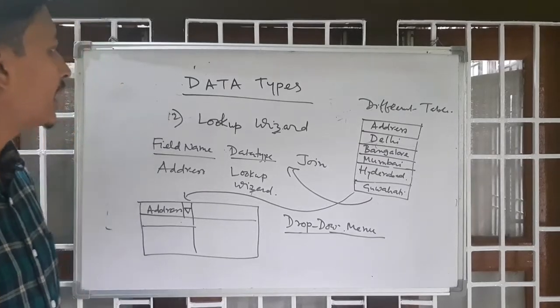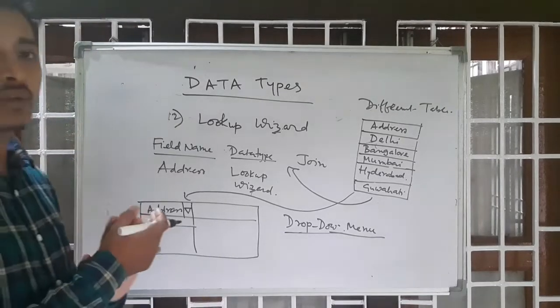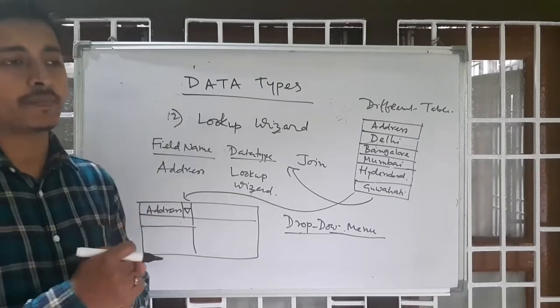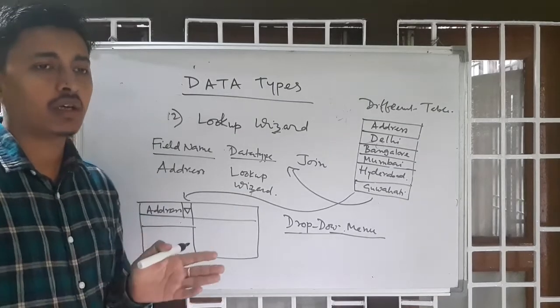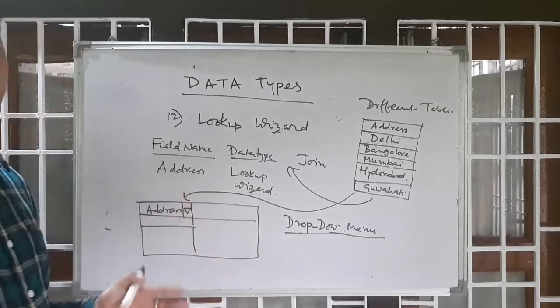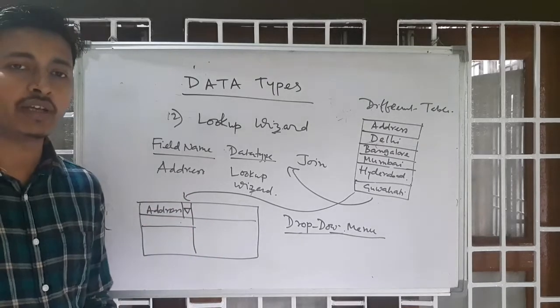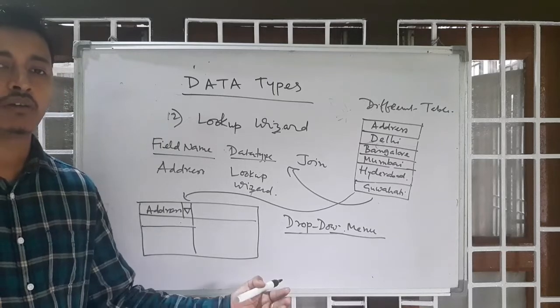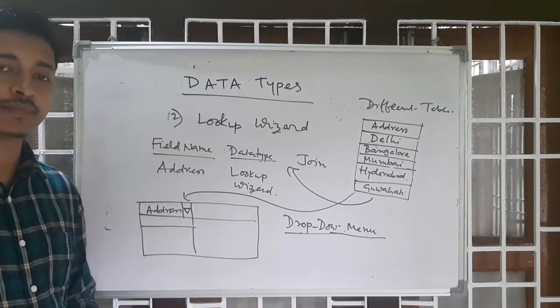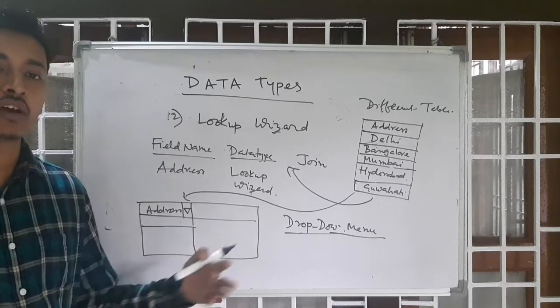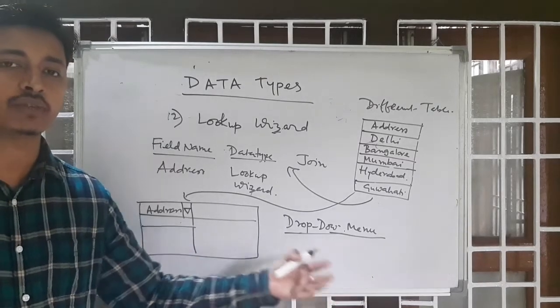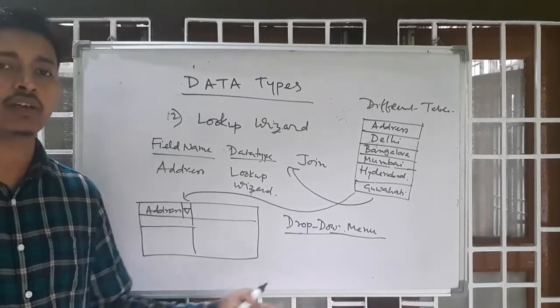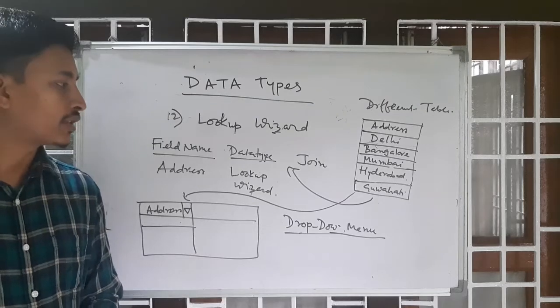Now, after that, these are the 12 data types available in MS Access 2007. You can use these data types in your field name, so that the field stores the value, which type of data or information that you want to keep in the form. So I think you understand these things.